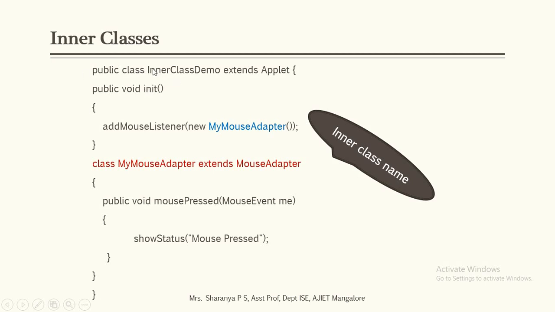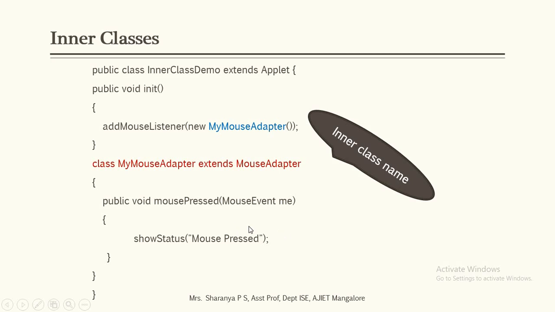If you look into the example, this InnerClassDemo is the outer class. Inside that I have defined the inner class, that is MyMouseAdapter, which extends MouseAdapter. So this is the inner class which has access to the members defined under InnerClassDemo. And here the method used is mousePressed, and it generates the status as mouse pressed.